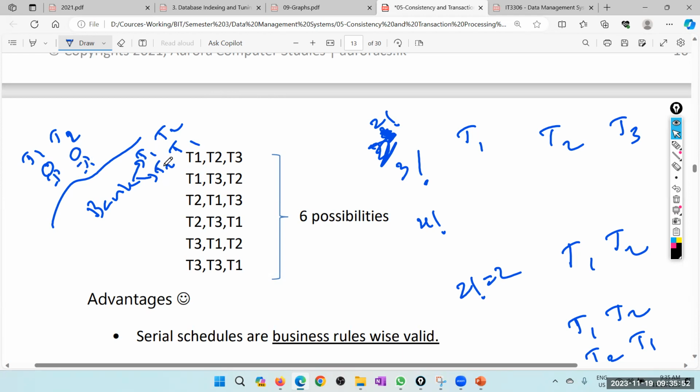So for the bank, it doesn't matter whether we do T1 and then T2 or T2 and then T1. That is why we say when we have n transactions, we have factorial n possible serial schedules, because for the business organization, it doesn't matter. Of course, it will matter for the individuals, but we don't care about the individuals' matters.